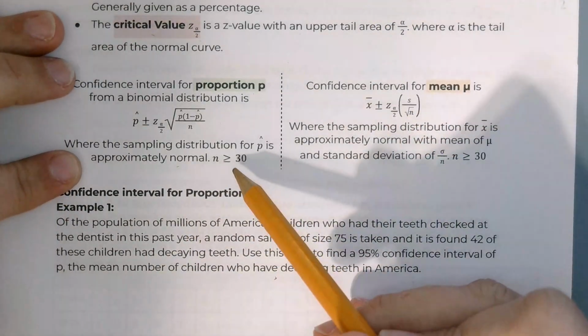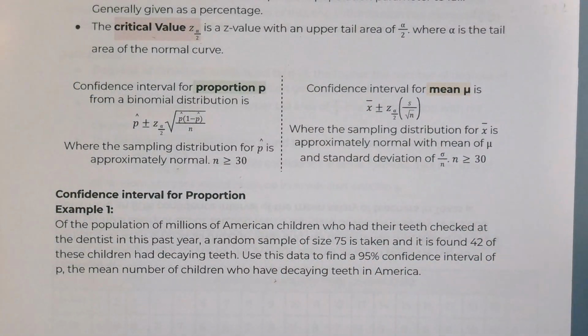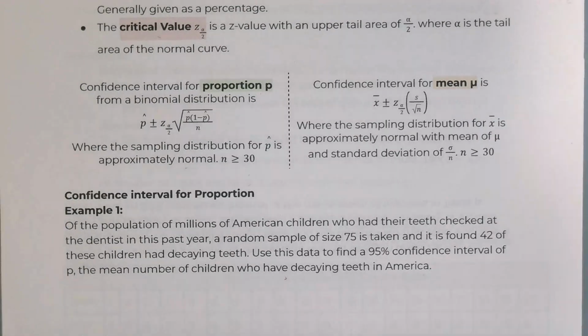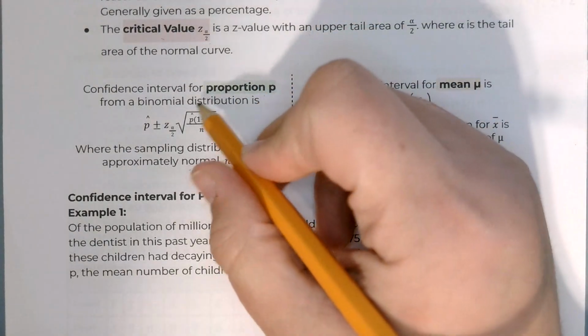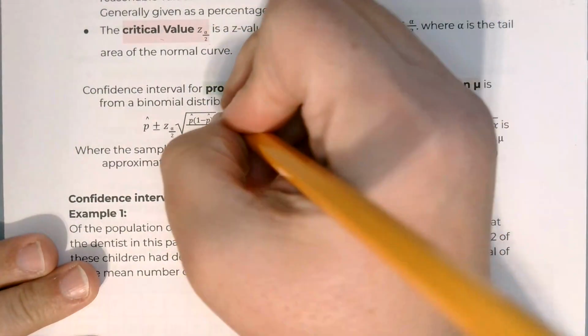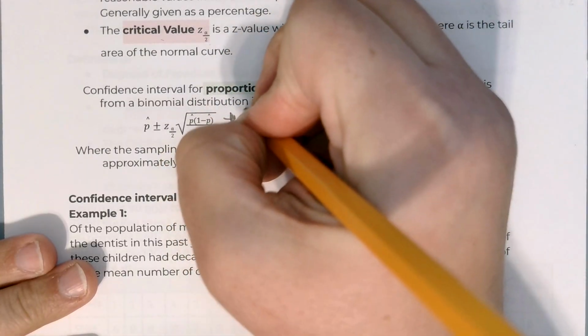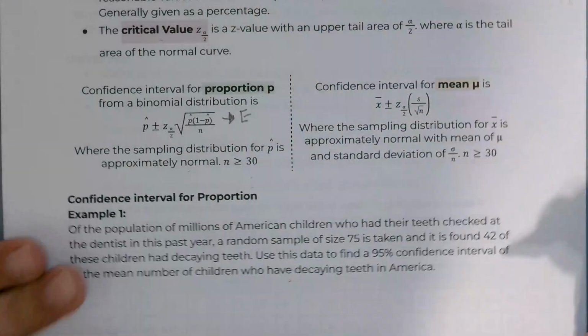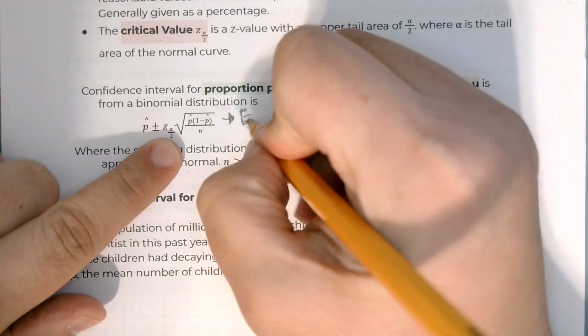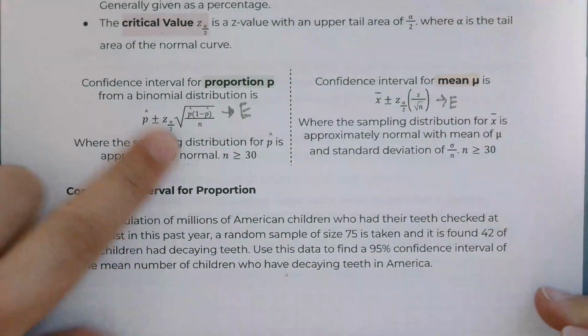So I need to make sure my sample size is larger than 30, and my standard deviation and my mean are approximately normal. This looks like your standard deviation because it is your formula for the margin of error. So if asked for the margin of error, E, that is this ending of this formula right here. That's your margin of error.